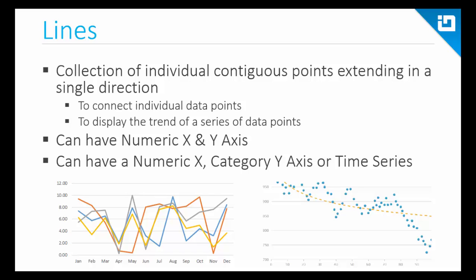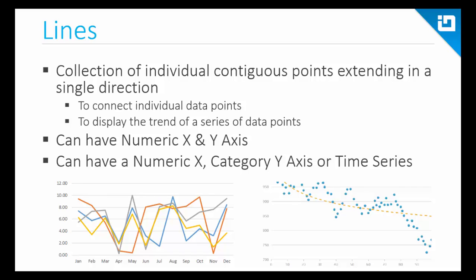Next we have lines. Lines are a collection of individual contiguous points extending in a single direction to connect individual data points, to display the trend of a series of data points. So you can have a numeric x and y axis, a numeric x category y axis, or even a time series. When a line is used to connect individual values, it isn't necessary to display those values as points in addition to the line.